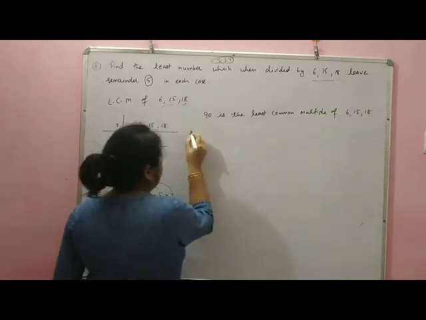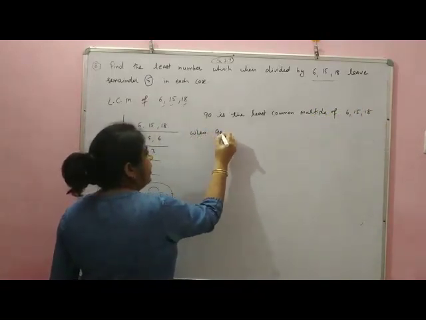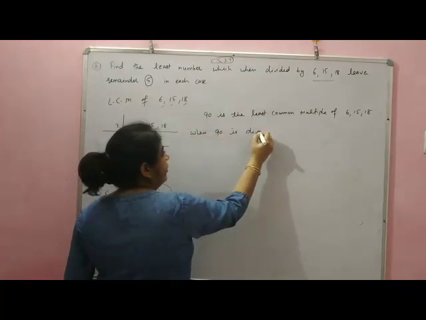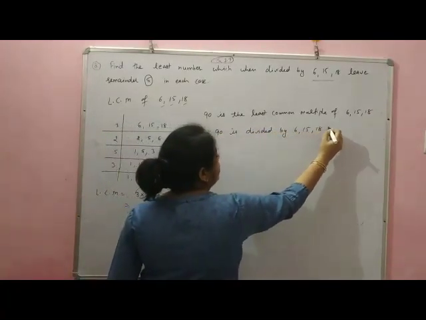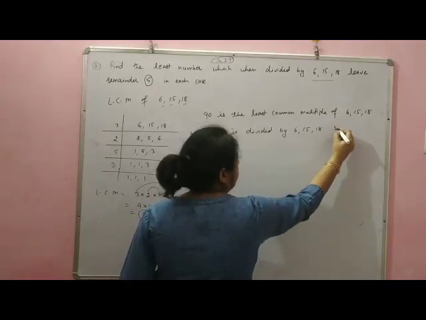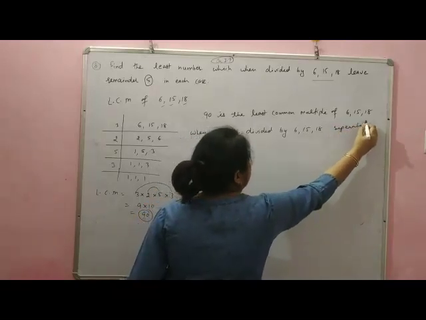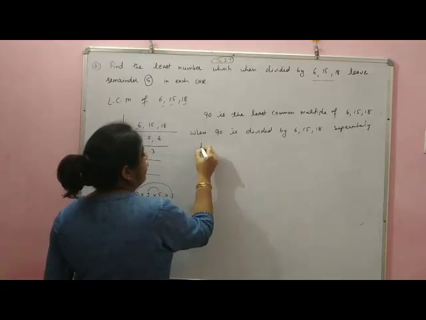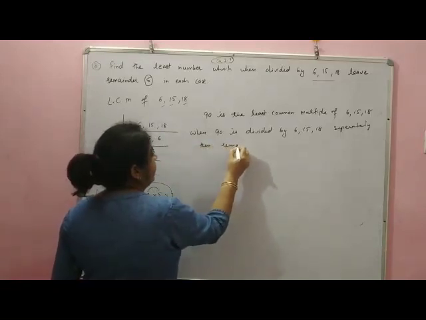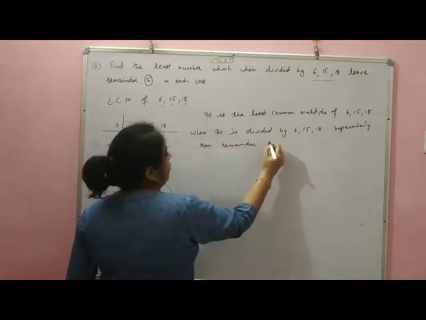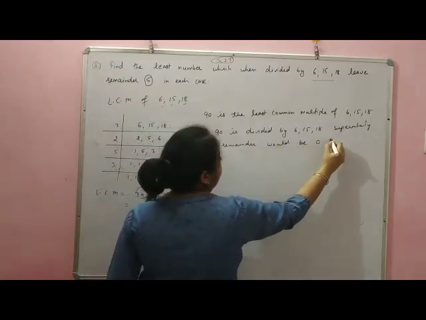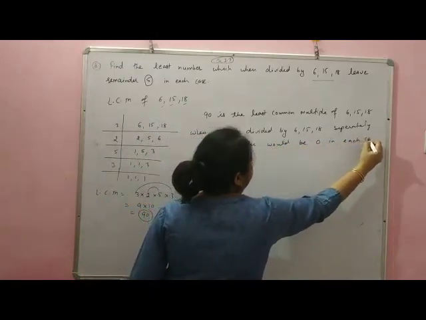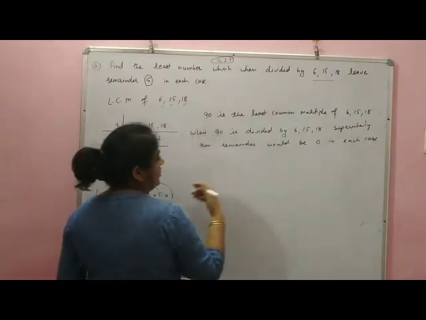It means when 90 is divided by 6, 15, 18 separately, the remainder would be 0 in each case, as we have done in that example.